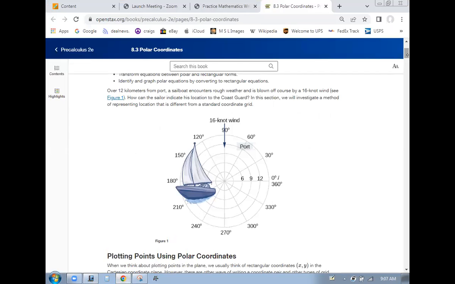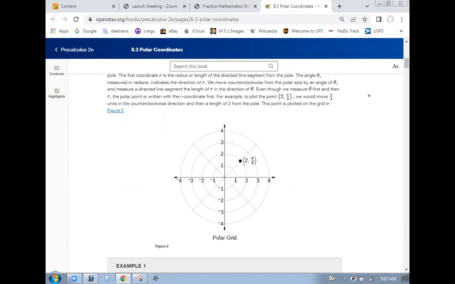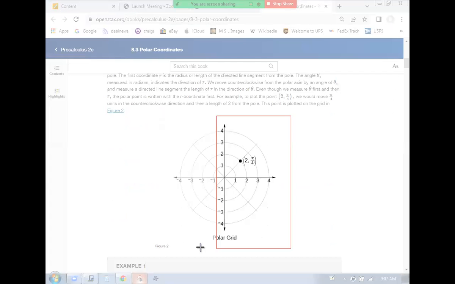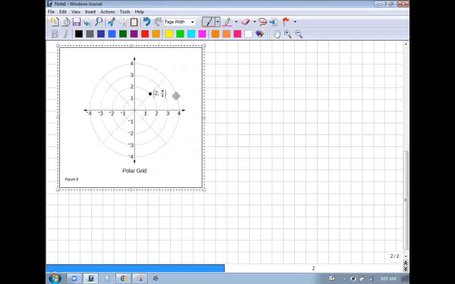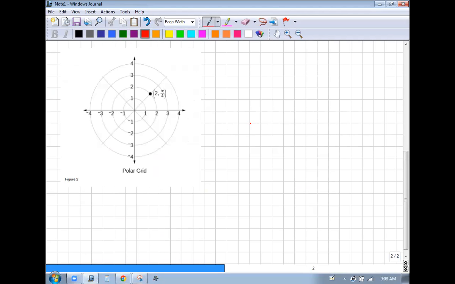So let's look at some examples. Here's a polar grid. Here's a point, the angle here is pi over 4, and the distance we travel is a distance of 2. If you just see these two numbers, you have to know what coordinate system you're in to know how to interpret them.